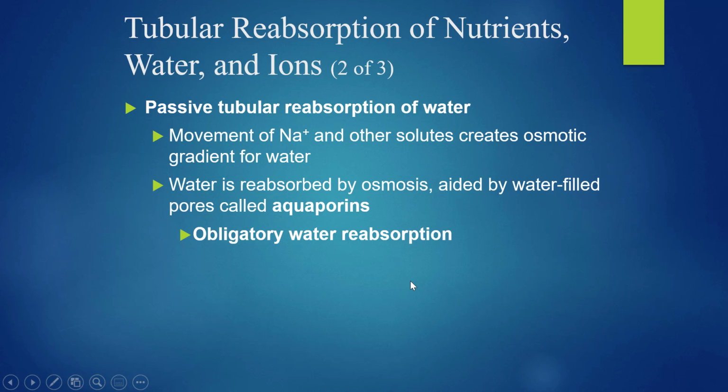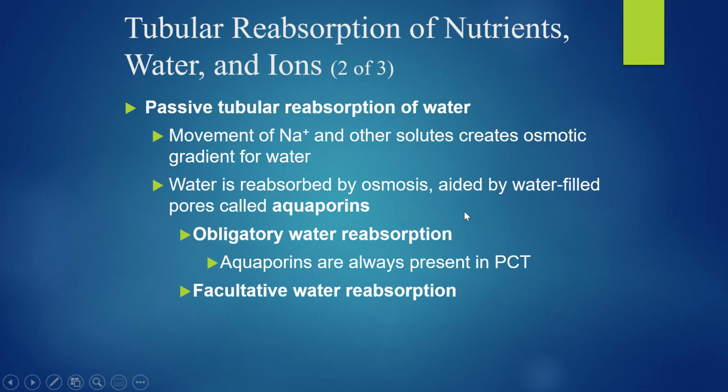In obligatory water reabsorption, the presence of aquaporins makes the movement of water an obligation. There are always aquaporins present in the proximal convoluted tubule, and therefore there's always reabsorption of water in the proximal convoluted tubule. Then you have facultative water reabsorption.